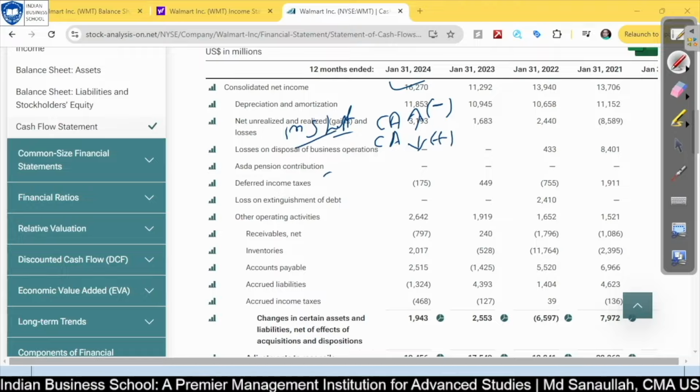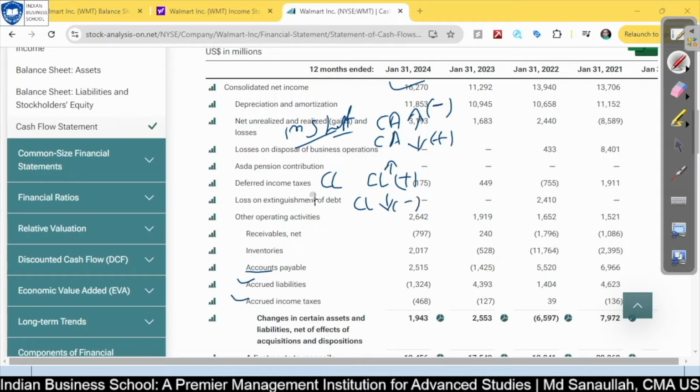Similarly, for current liability items like accounts payable, accrued liability, accrued income tax, all the liabilities you need to add when they are increasing. When they are decreasing, you need to reduce.